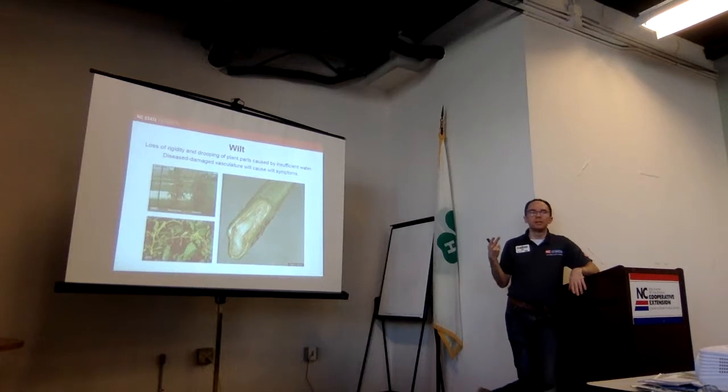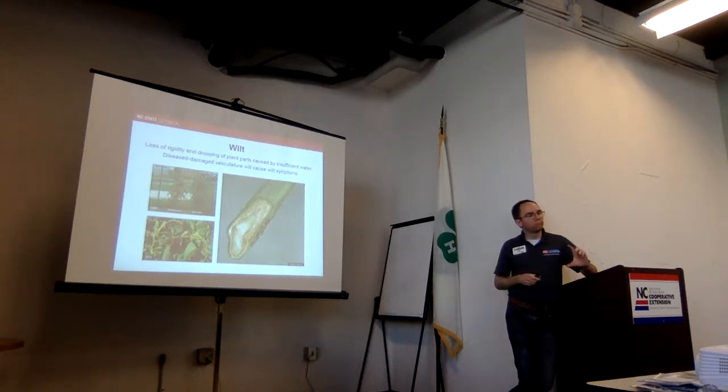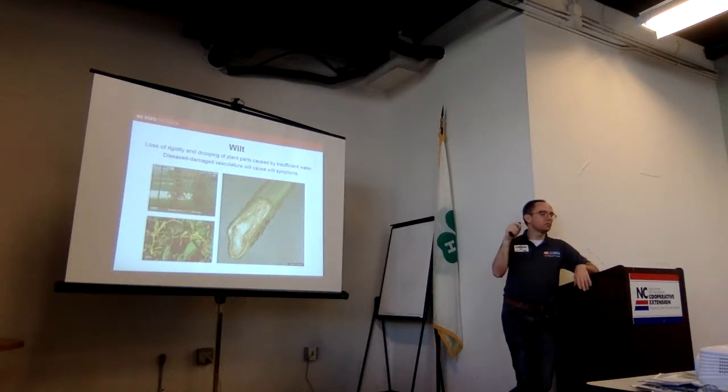There are two common wilt diseases. Fusarium wilt is more common in our part of the state, and as you move further west, verticillium wilt can occur. You'll notice on tomato seed packets or plants, they will indicate which diseases they are resistant to. If you see an F or an F1, F2, F3, that means they are Fusarium wilt resistant, or if you see a V1, 2, 3, verticillium wilt resistant.